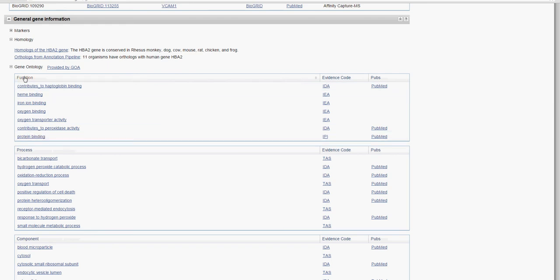It tells us that it's an oxygen binding protein, iron binding protein, heme binding protein, and it's involved in the process of oxygen transport. That makes sense because hemoglobin is a protein in the red blood cell, and it's responsible for binding to oxygen and transporting oxygen in your bloodstream.